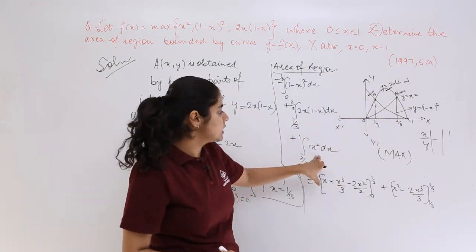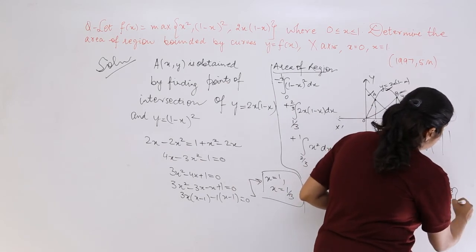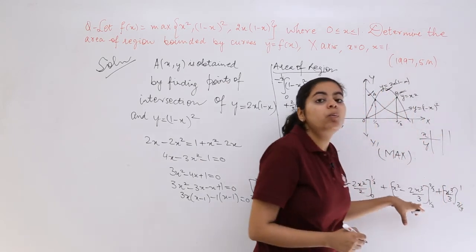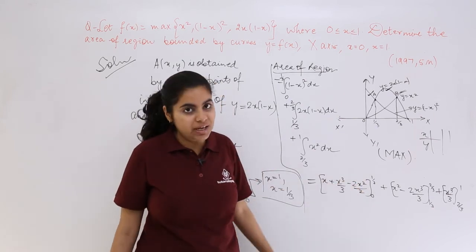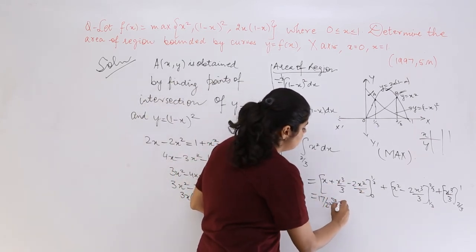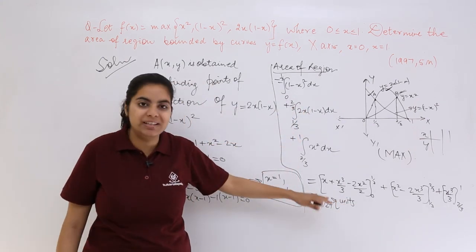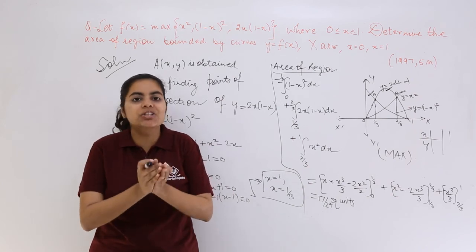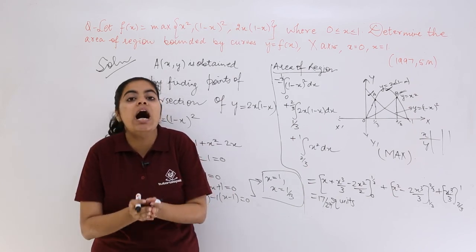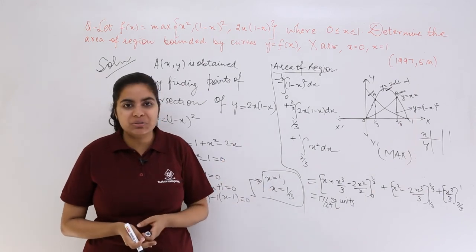Last but not least, here it is x cubed by 3, from 2 by 3 to 1. Simply put the upper and lower limits and obtain the answer as 17 by 27 square units. How has this been obtained? Just by simple calculation. The calculation has to be done by you, but how to do the question has been explained by me, and I hope you have understood this problem.